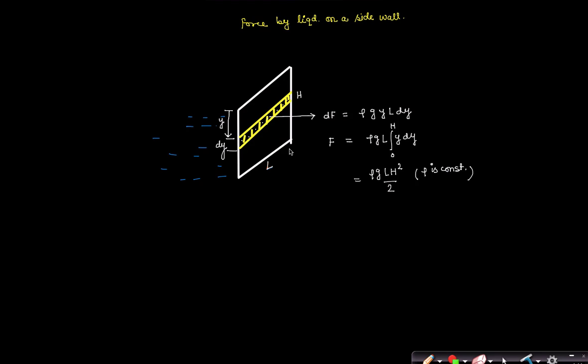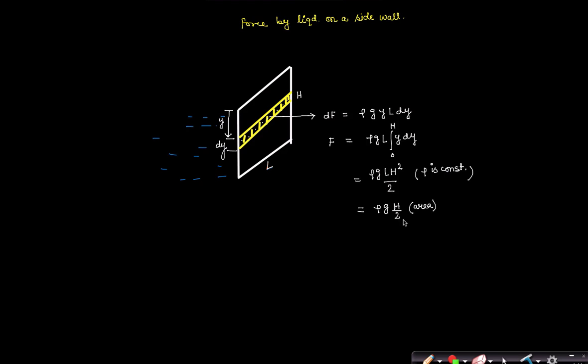Okay, so now a very important observation you can make from here. Look, if I say that this force can be written as rho g into h by 2 multiplied by area.